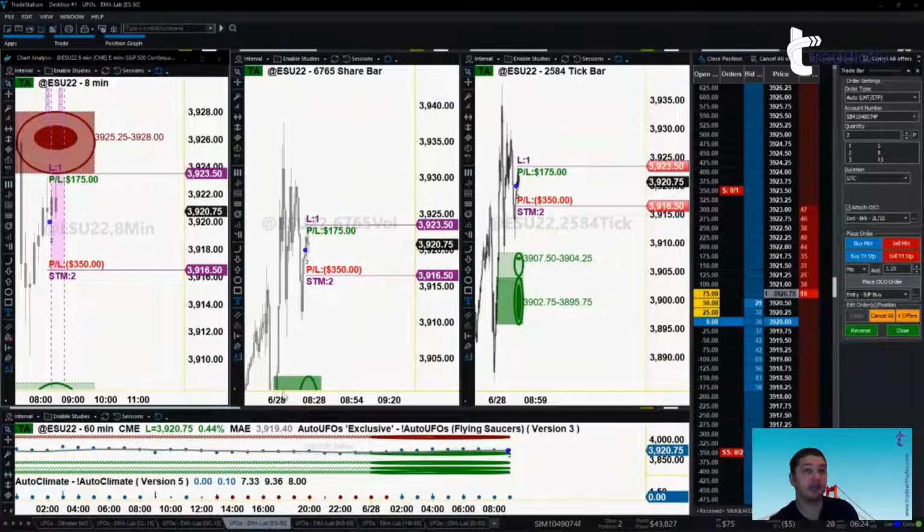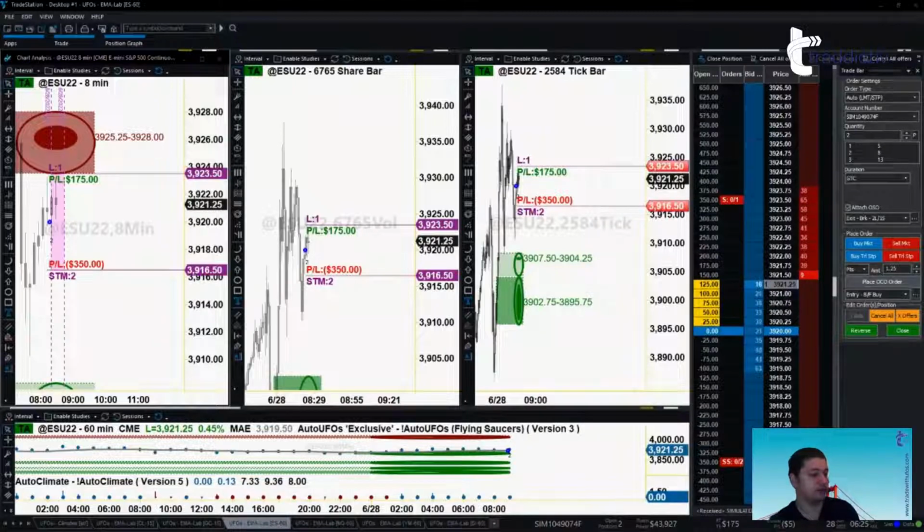It tested out that previous wick up top, and then now it's just coming down a little bit. NQ's kind of doing the same thing.